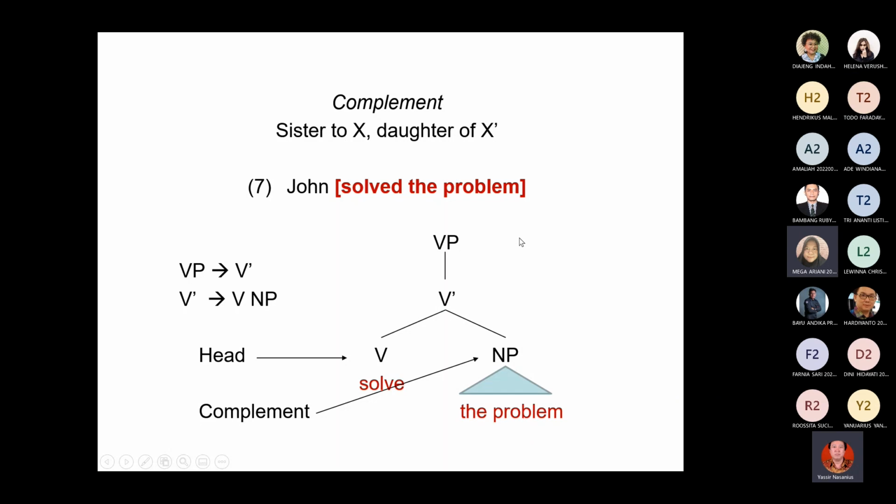So remember, if you draw the X bar tree for solve the problem, it is a VP, and this VP consists of V bar, and the V bar consists of the head solve, and the complement, the problem. How do I know the NP here is a complement?